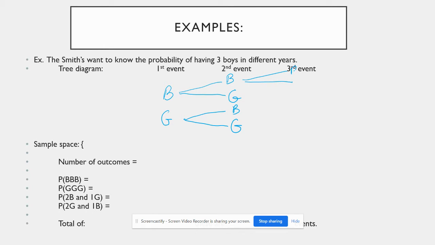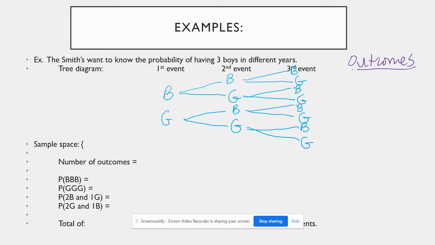The third baby, you still have a choice of boy or girl. And that would be regardless of what you had for your second baby. And so we make a list of outcomes over here. And we follow along our tree diagram.